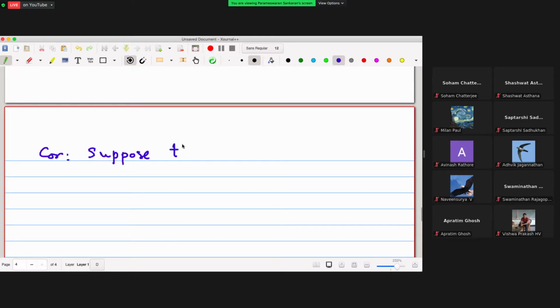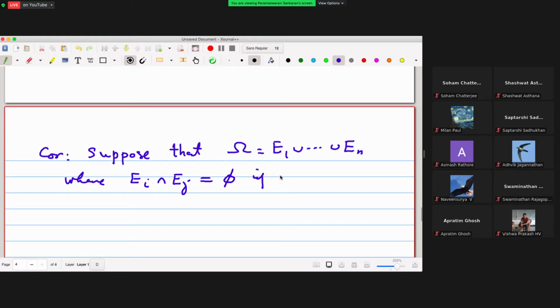Suppose that omega is equal to E1 union through En, where Ei intersection Ej, that is, these are mutually exclusive events, is equal to empty if i is not equal to j.